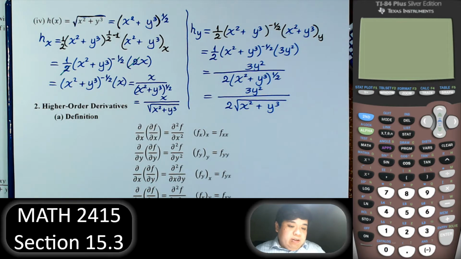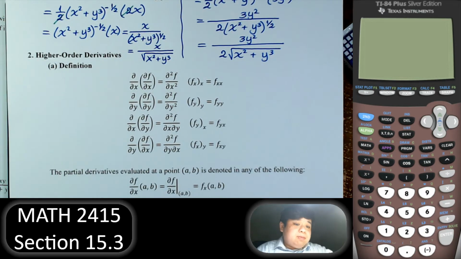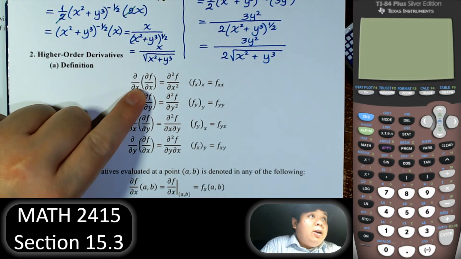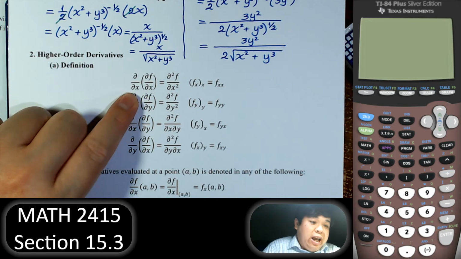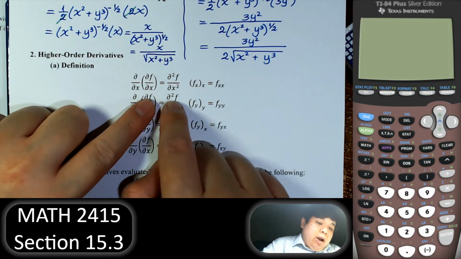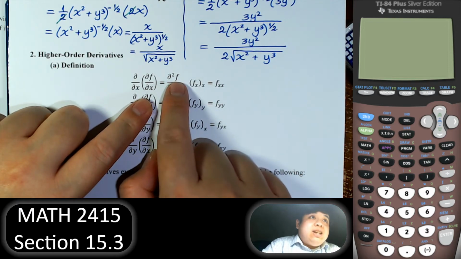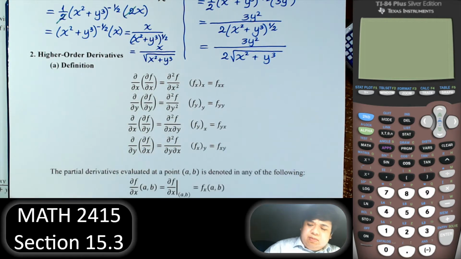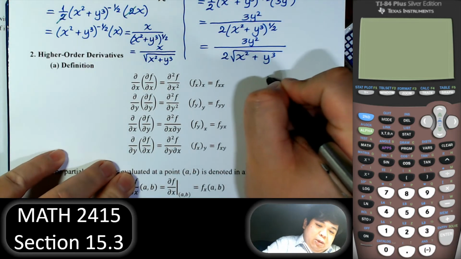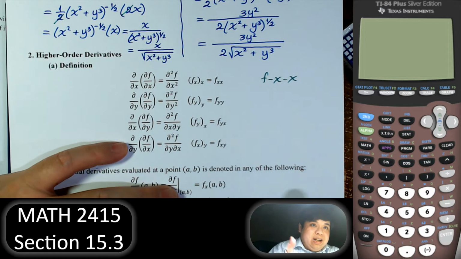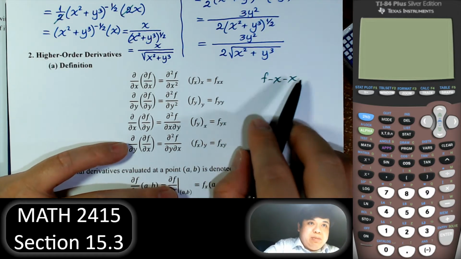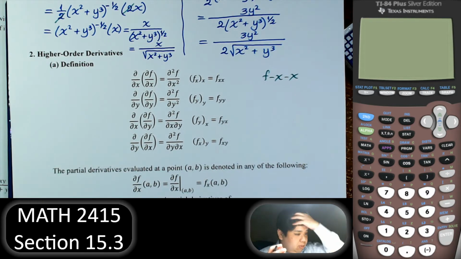So higher derivative though. How do we write that? Derivative with respect to x, and then derivative with respect to x again. So we say that, but if we just say f_xx, in this context, meaning derivative of f with respect to x, and with respect to x again.